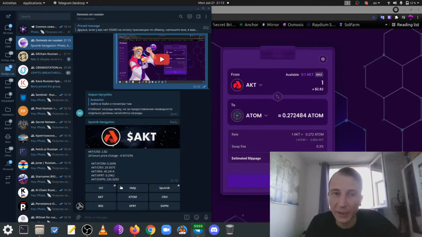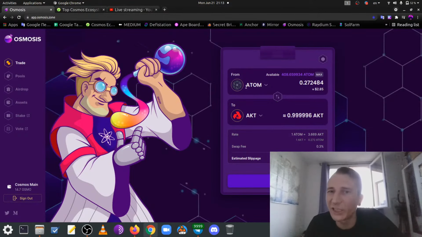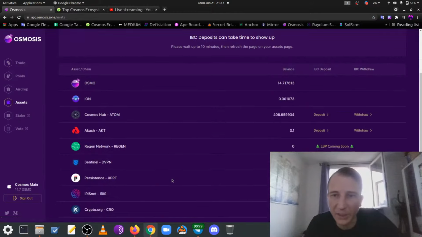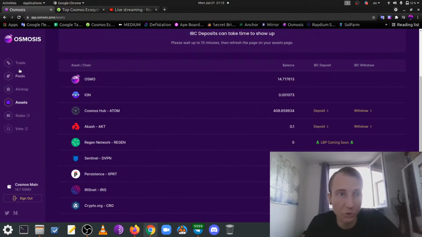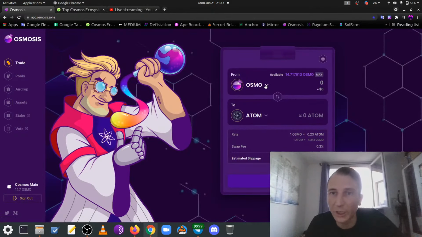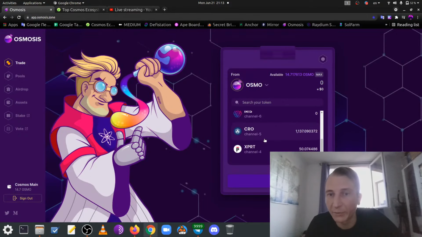By this short information, we can find here the good pairs for us. How will we look for it? At first, I know that I have a lot of atoms in my assets. Okay, nice. Go to trade, choose here atom.